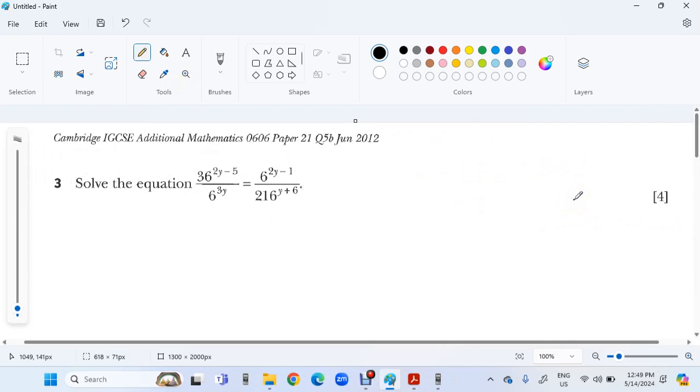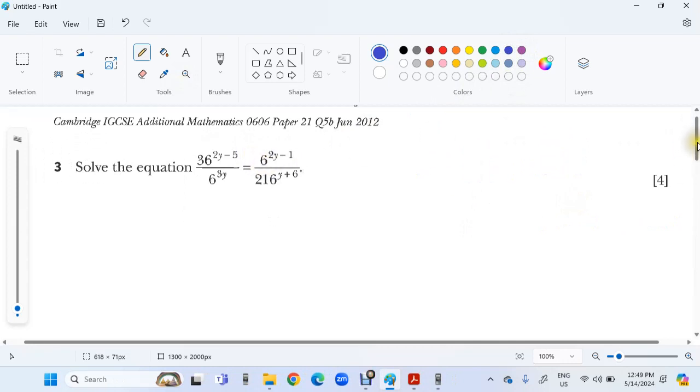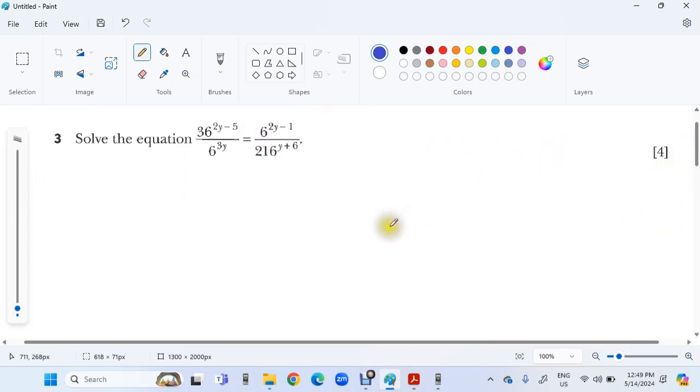So for question number 3, I know that this is from the family of 6. So I will ask the student to memorize the family of 2, 3, 5, 6, and 7. So we have 2, 4, 8, 16, 32, 64, 128, 256, 512, and 1024.